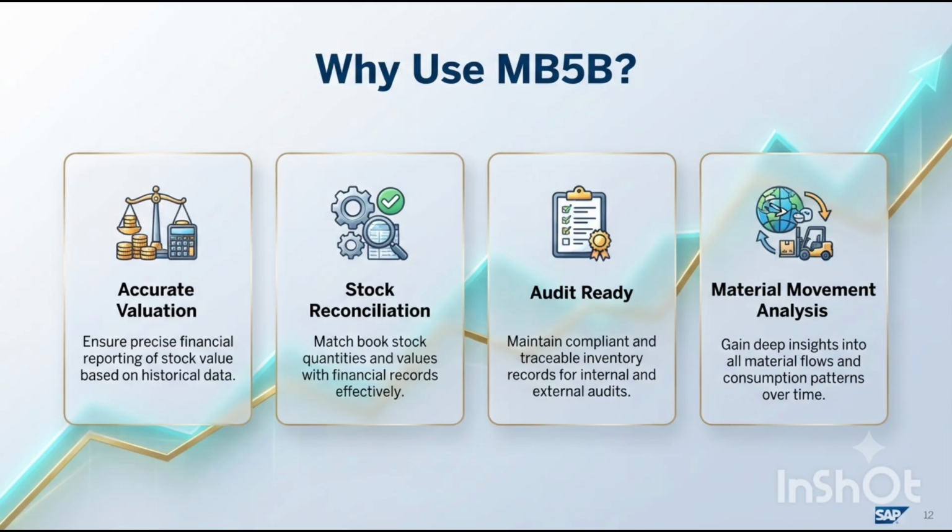With MB5B, you can easily identify discrepancies between physical stock and system stock, analyze slow-moving or fast-moving materials, and support accurate financial closing. Companies rely heavily on this report for month-end valuation, variance analysis, and decision-making. Mastering MB5B will make you more confident during audits and client discussions. In short, it's one of the most practical and frequently used reports in SAP materials management.